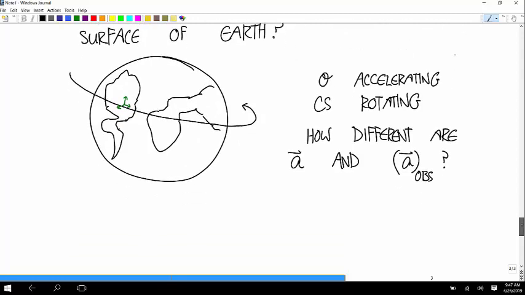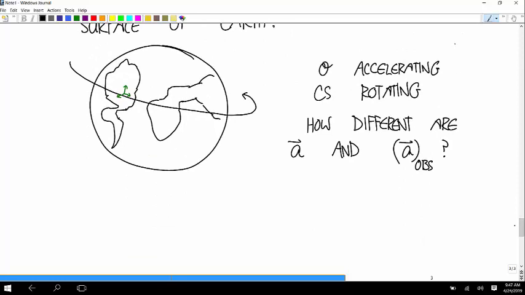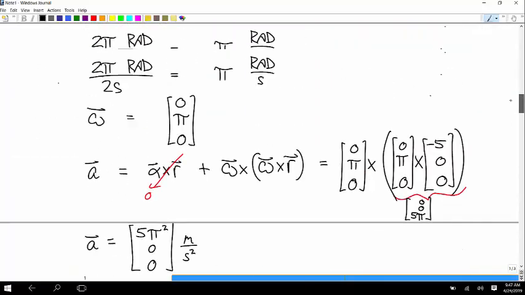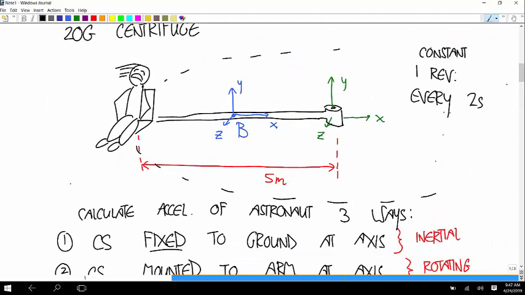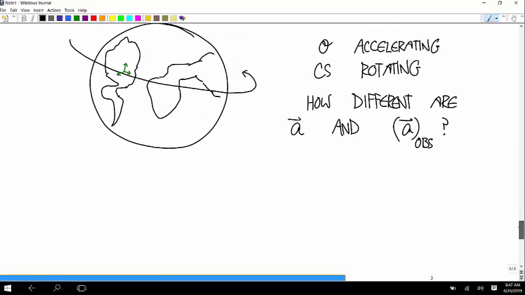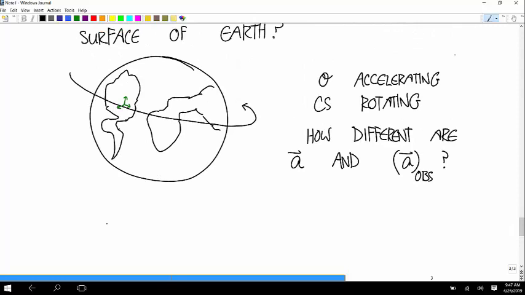They're not very different. The reason for that is, with this thing, we were doing a revolution every 2 seconds. How often does the Earth do a revolution? I'm just talking about the thing spinning.